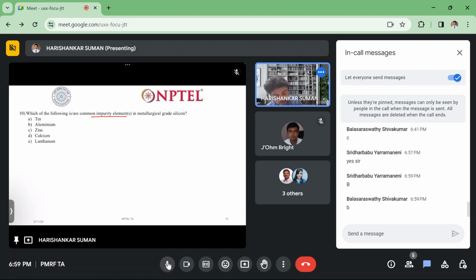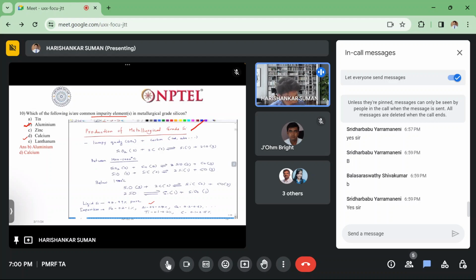Yes, B and D also. In the production of metallurgical grade silicon, you can see this is the procedure for metallurgical silicon, and you can see aluminum at 0.4 to 0.7% impurity, Fe, calcium, Ti, and carbon.